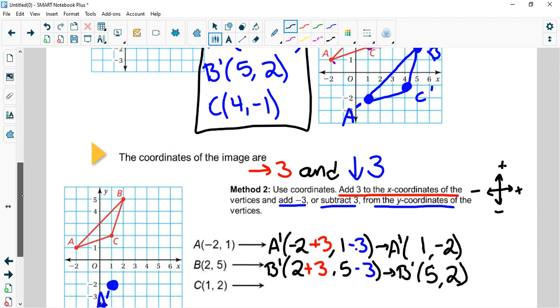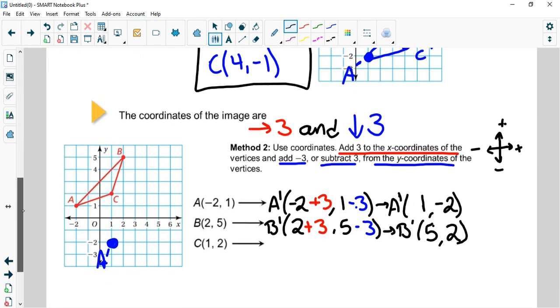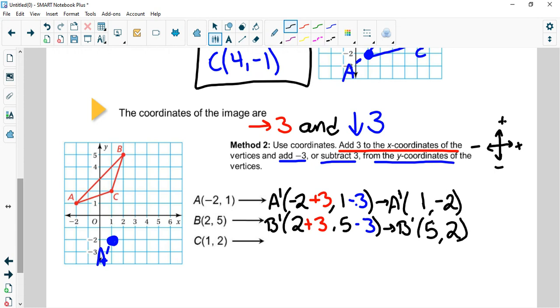Is that the same? In fact, it is. So I can go to the graph and place a point at (5, 2). By the end of this, we're going to have the same picture as the first method. This is just to give people another option for how to find the solution.